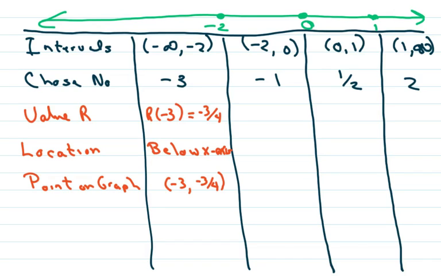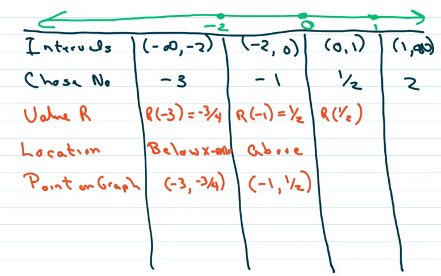All right, and I chose negative 1 here. I plug it into my equation, and I get 1/2. It's positive, so that means it's above the x-axis. And my point is (-1, 1/2). Here I picked 1/2, and that's going to equal negative 2/5. That means that's below the axis.